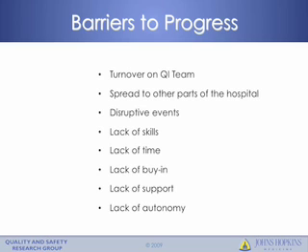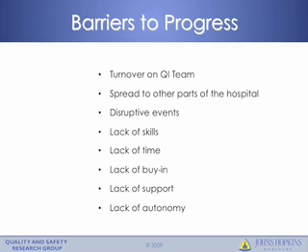Other things are disruptive events over which you have no control. These can be things like a JCO accreditation or implementing a new EMR in your unit. These are things that take your time away from this work, and so we want you to have a chance to say that that's happening to you. Sometimes there may be a lack of quality improvement skills on the team or a lack of time to roll out this project.